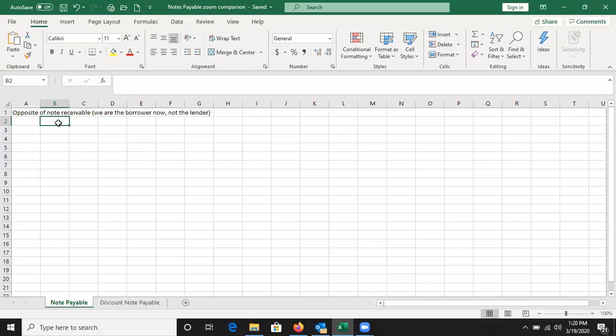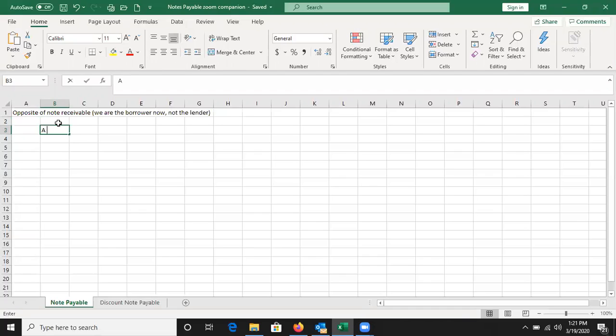Okay. So to start, we're going to look at two ways. If you remember from the notes receivable section, oftentimes a note receivable would be created by turning an accounts receivable into a note receivable. Same theory with note payable. We're going to turn an account payable into a note payable.